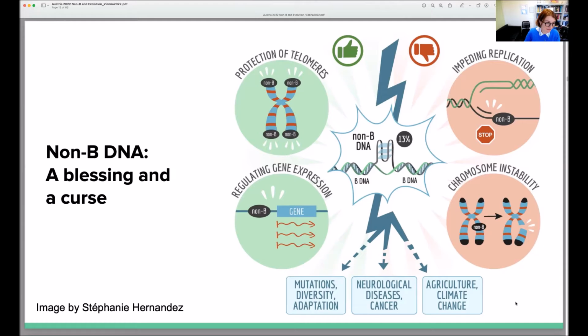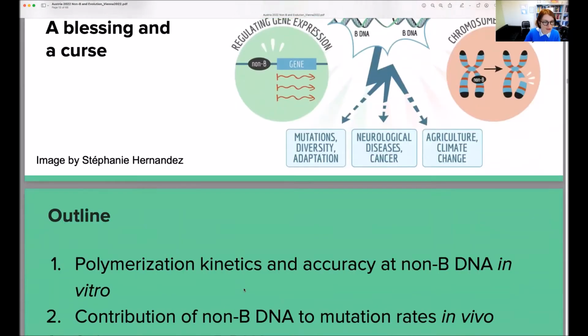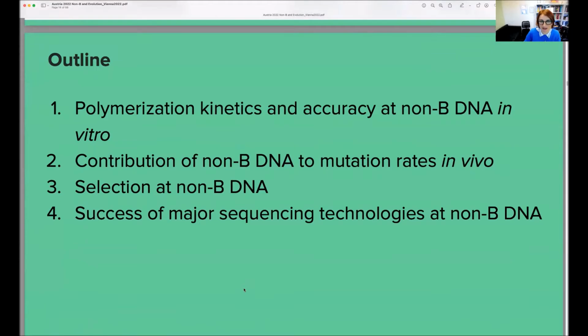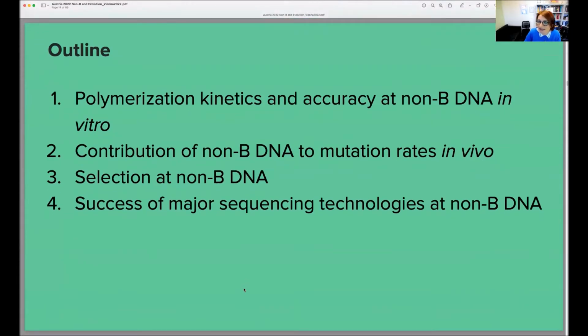So the applications of non-B DNA are multiple: for disease, for agriculture, but also for evolution, and that's why my lab has become interested in it. Today I'm going to talk about some of our recent studies about non-B DNA.